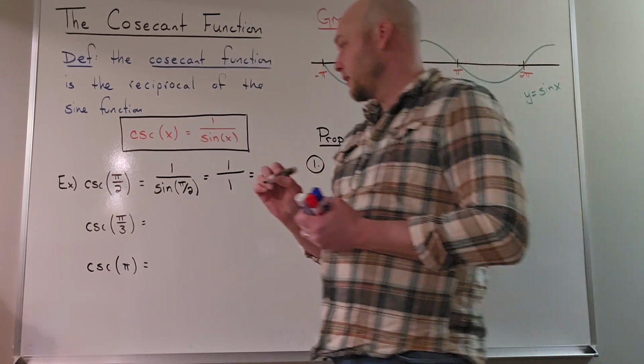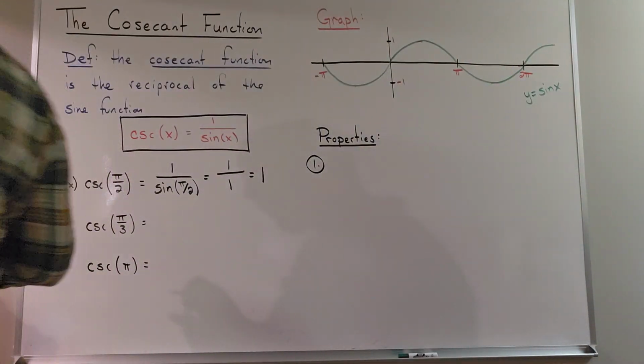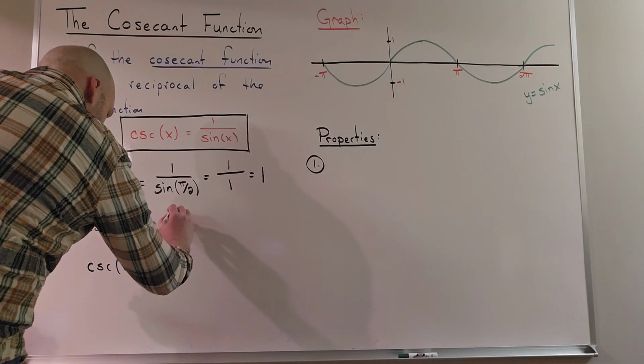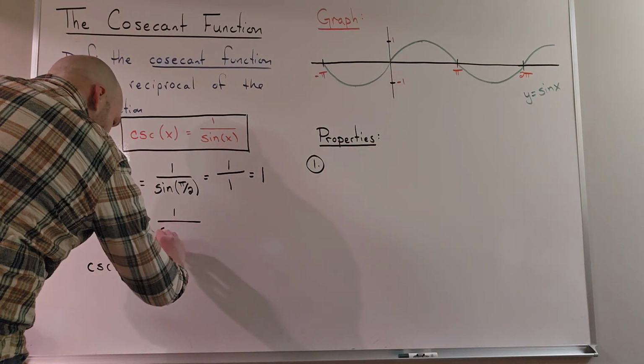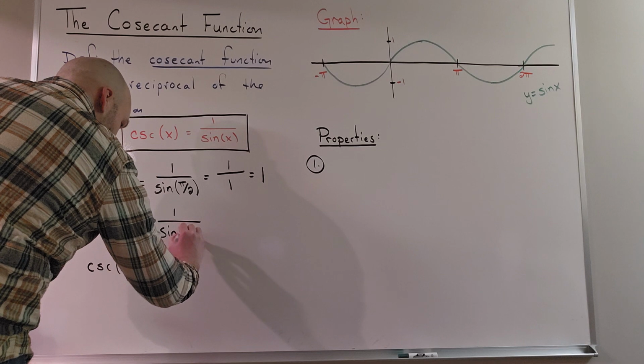Okay. On the other hand, the cosecant of pi over 3, so this would be the reciprocal of the sine evaluated at pi over 3.